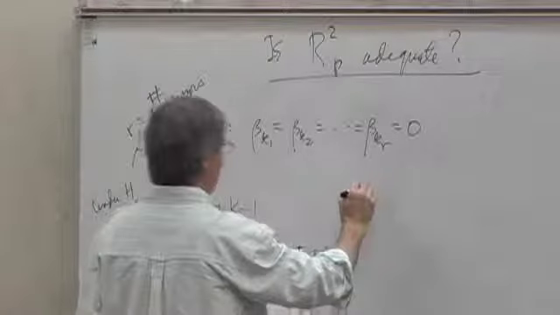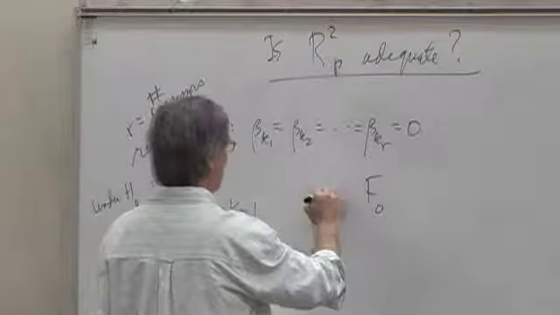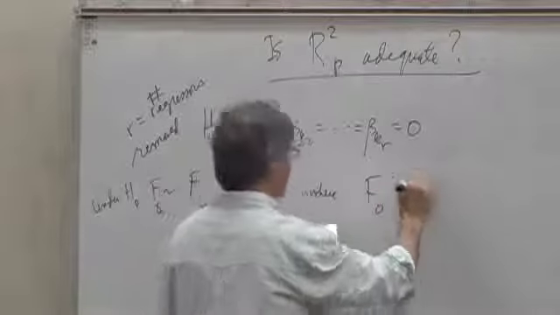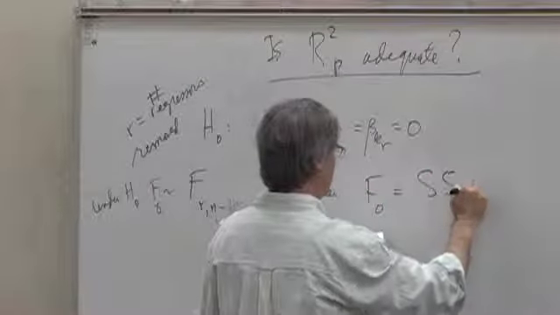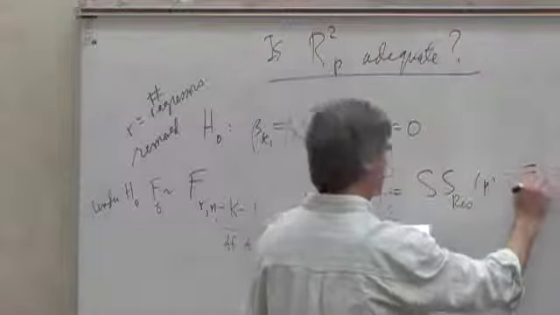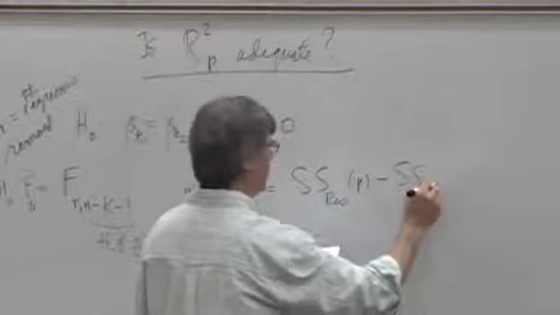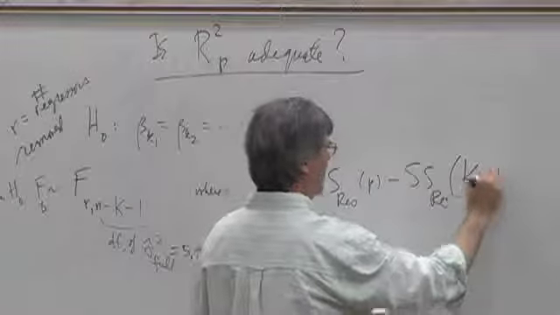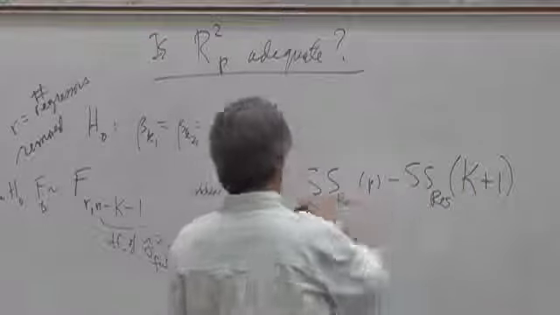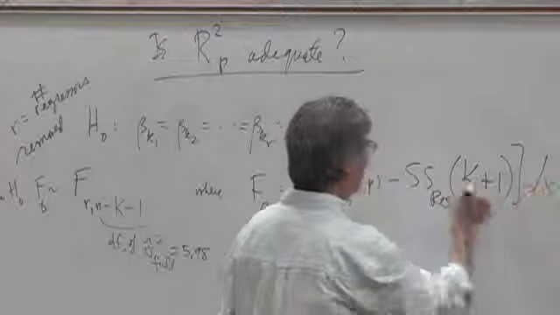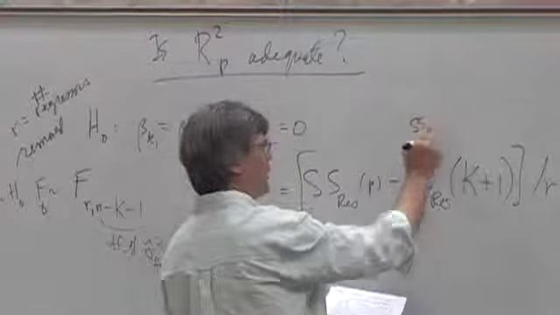Where F naught is equal to all this stuff. It's the SS res P minus SS res full, I'll just put it as capital K plus 1, divided by R. That's the SSH, this is my SSH thingy.